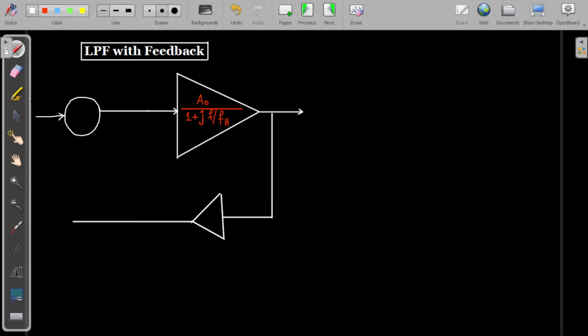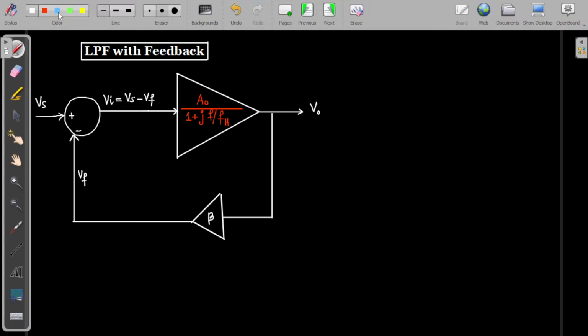Here this will be the input signal Vs, and here it will be the feedback signal, with positive and negative signs for negative feedback. So Vf will come on this line, and here we will get Vi. Vi will be equal to Vs minus Vf, and here it is V0, and the feedback path gain is beta. So this is the total circuit right now. Now we want to observe what the effect of this negative feedback will be.